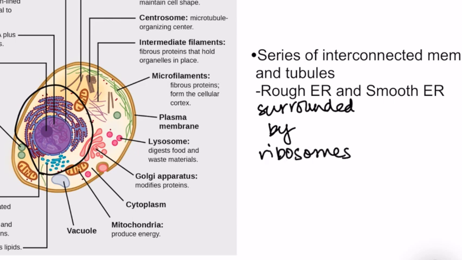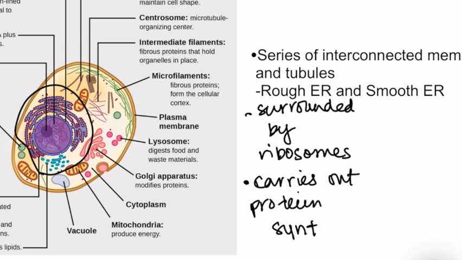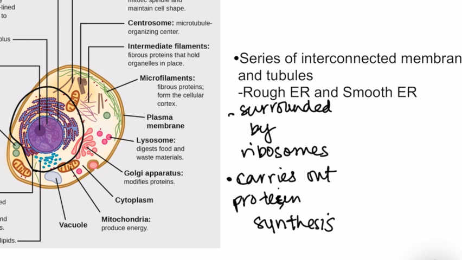And because it's surrounded by ribosomes, it carries out protein synthesis. Proteins are made here. The smooth ER, if you follow this, here is the smooth ER. The smooth ER does not have ribosomes, so I'm going to say no ribosomes.